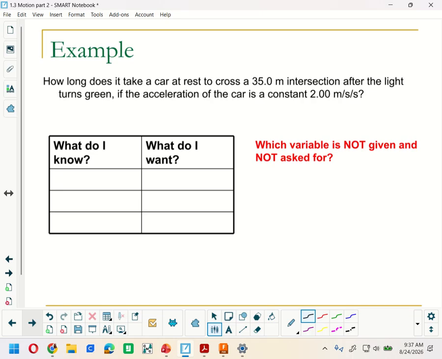Next one. How long does it take a car at rest to cross a 35-meter intersection after the light turns green if the acceleration of the car is constant 2 meters per second squared? Start listing what we know.